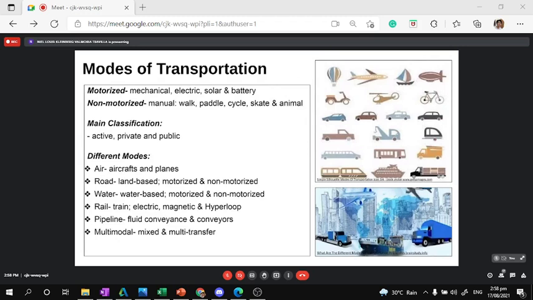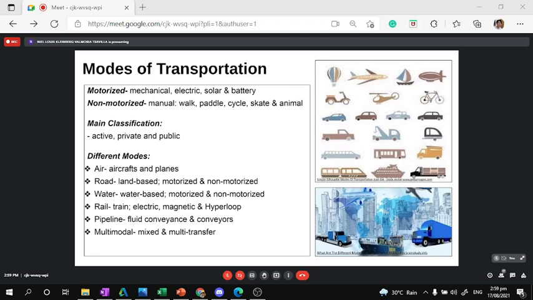So, electric. Now, in modern vehicles, I have to mention Toyota and Honda because we have hybrid vehicles, no? So, hybrid vehicles are called hybrid because it's between mechanical and electric. So, they have two systems, mechanical system and electric. So, that's our hybrid. But basically, these are motorized because they have an engine, a requirement for supply of power, either it's solar, battery, or fuel based.